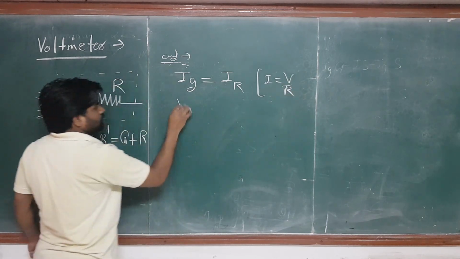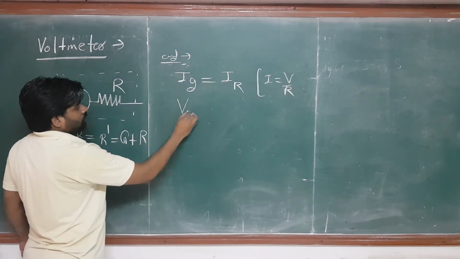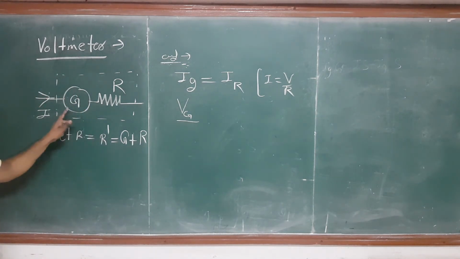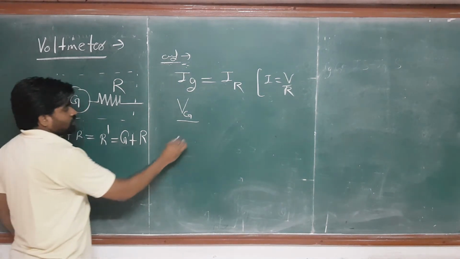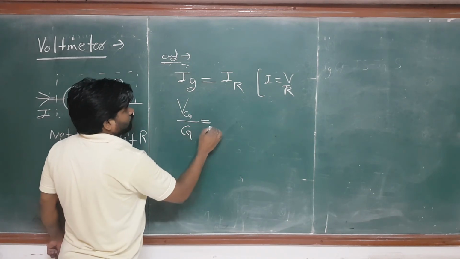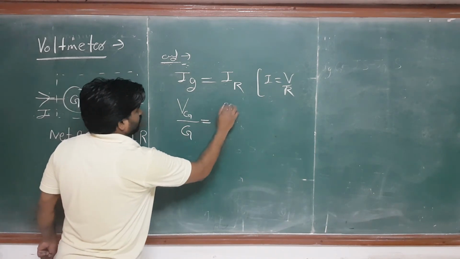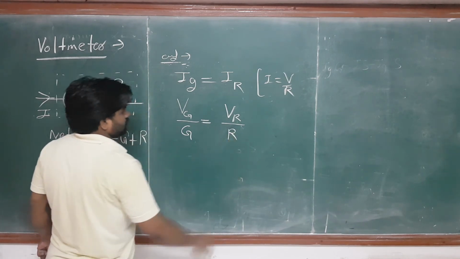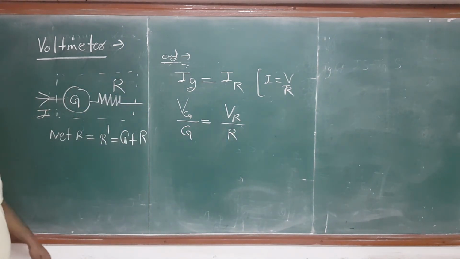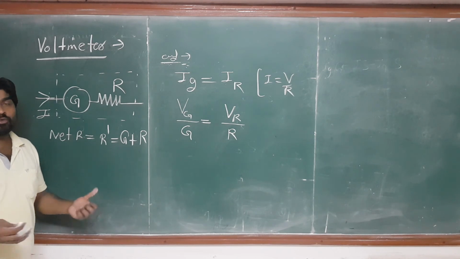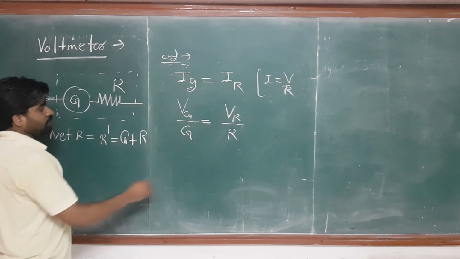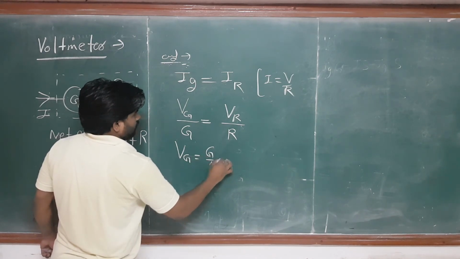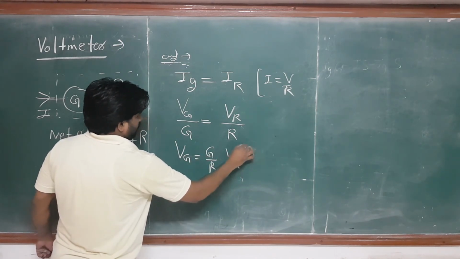So the voltage of the galvanometer, Vg, divided by the resistance of the galvanometer, capital G, is equal to the voltage Vr across the resistance divided by this R. And to calculate the voltage, Vg is equal to G by R dot Vr.